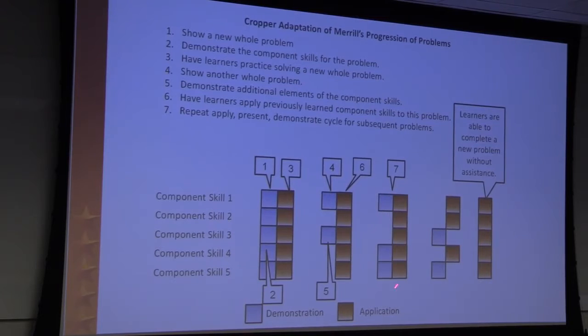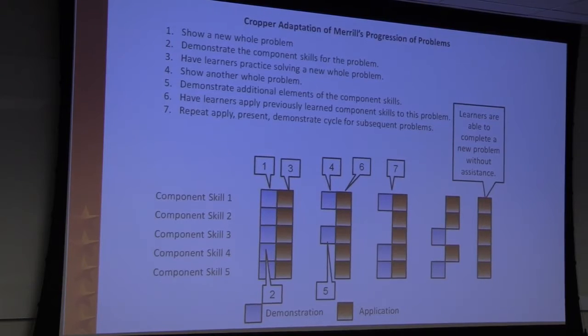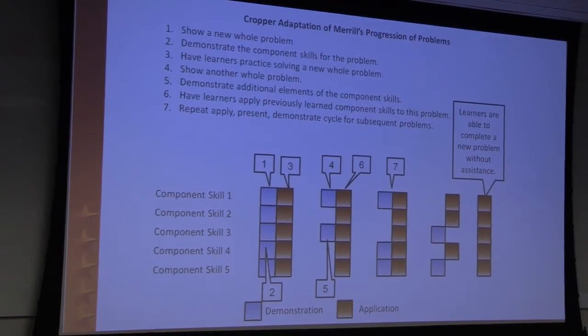Then you may need another scenario that's another variation. And again, you may need to demonstrate a few of the new components and provide application. And then you do that until the learners are able to perform complete tasks without assistance.